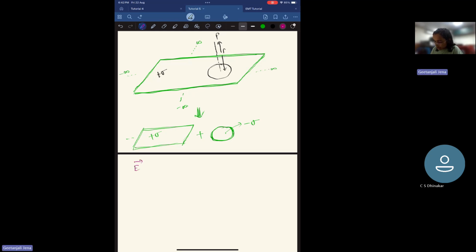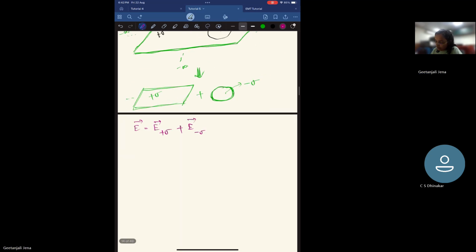The electric field is due to plus sigma, the large conducting plate, plus the electric field due to minus sigma, the circular plate. Let us say this is EA.